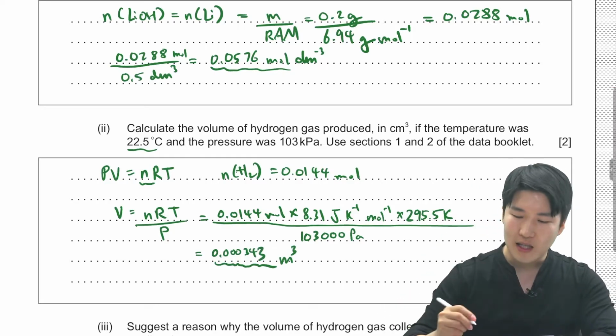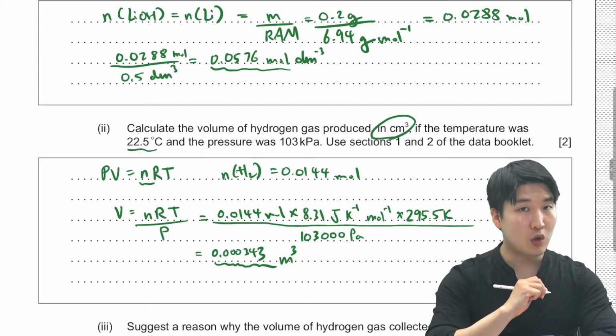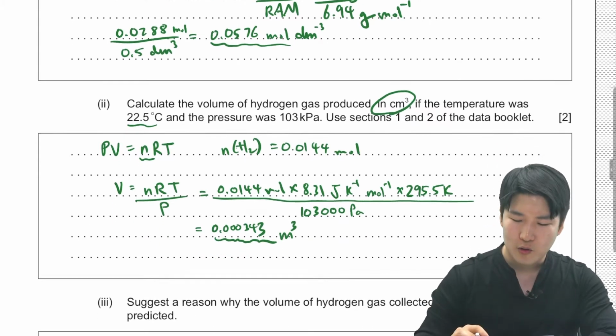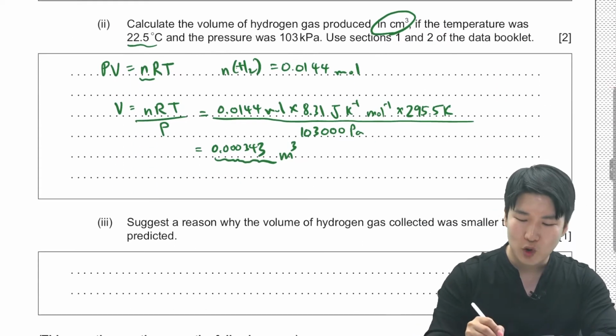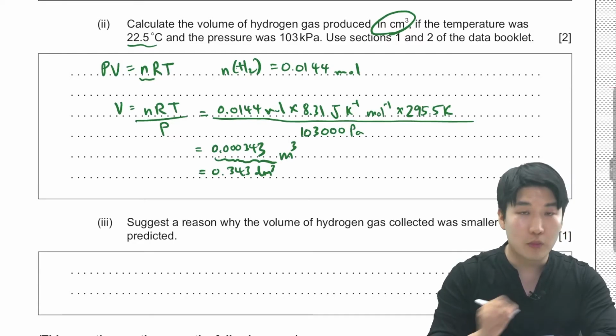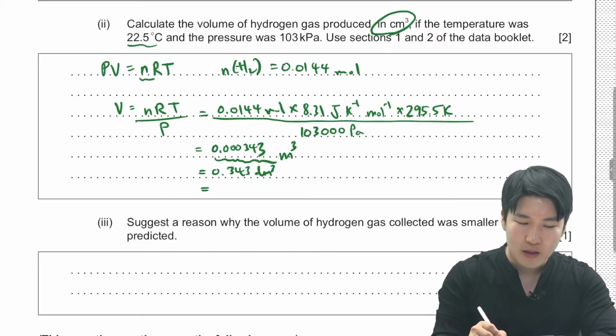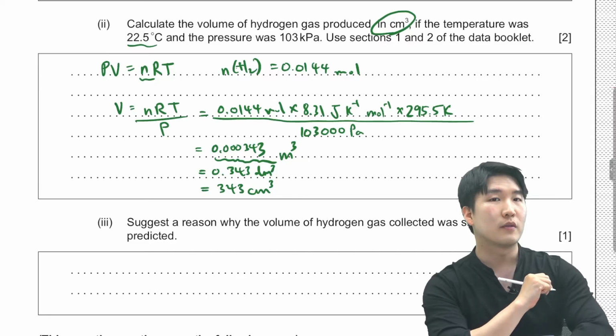We can convert that into what value? cm cube. We are asked to put the value in cm cube, which would convert to 0.343 dm cube, and then 343 cm cube.